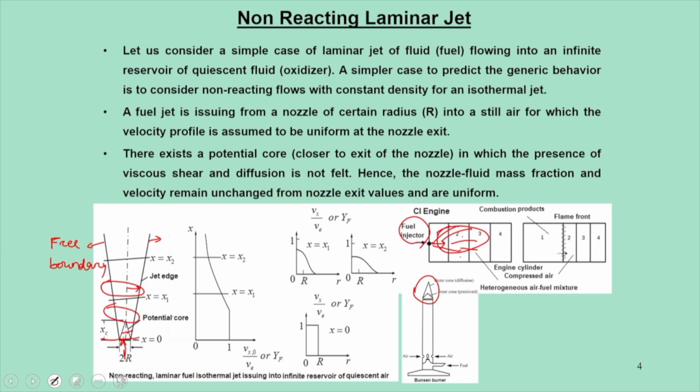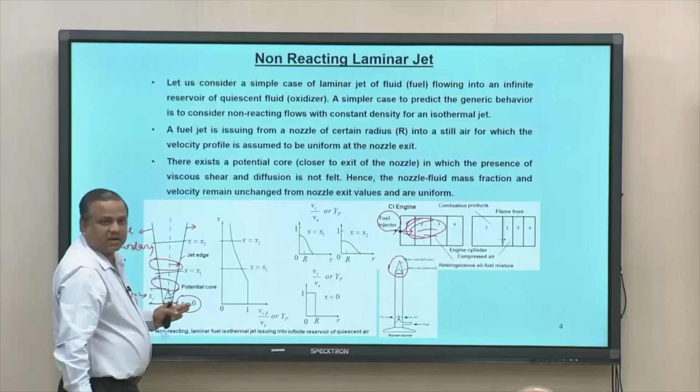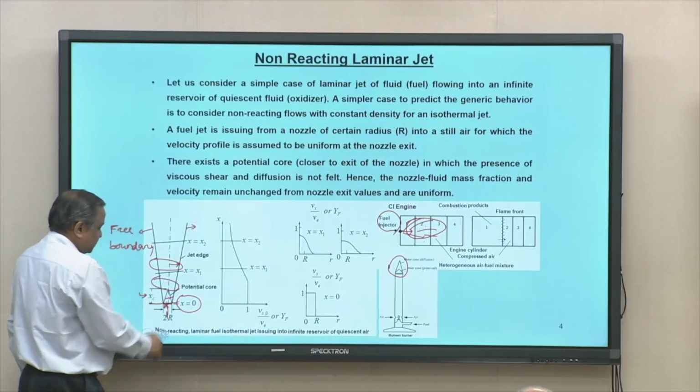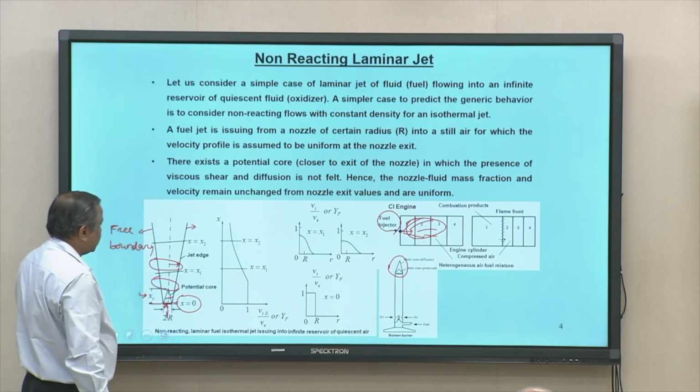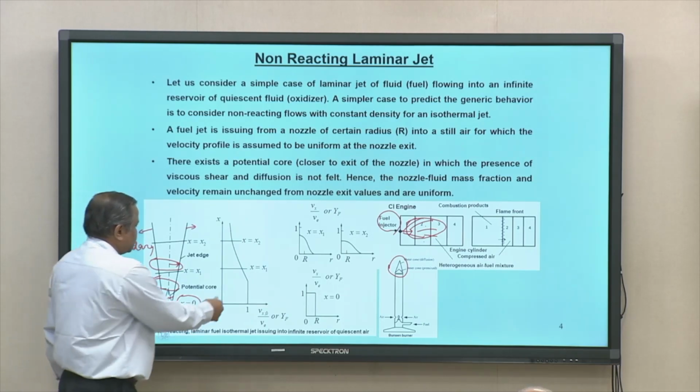The starting point in both cases is x equal to 0, which is just at the fuel nozzle exit. This initial cone, the inner cone, extends to a distance xc. After that, it tries to spread with the outer air. So this is the inner cone xc.